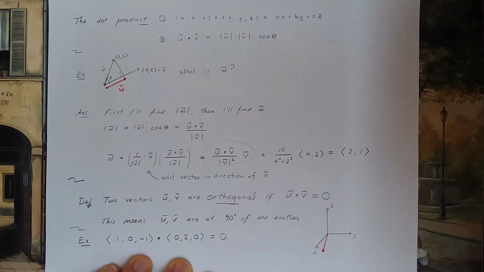And then the vector 0, 2, 0, that's a vector that's a distance of 2 in the direction of the y-axis with no z and no x component. Well, it may be difficult to see, but these two vectors are indeed at a 90-degree angle from one another. That means these two vectors are orthogonal. Okay, great.